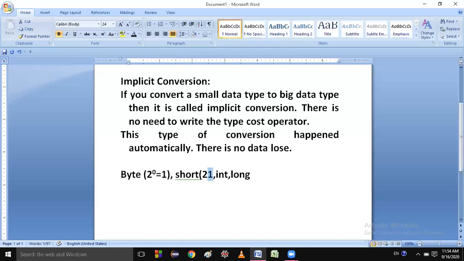So 2 power 1 becomes 2. And the next one, 2 power 2, gives you 4. And the next one, 2 power 3, gives you 8.